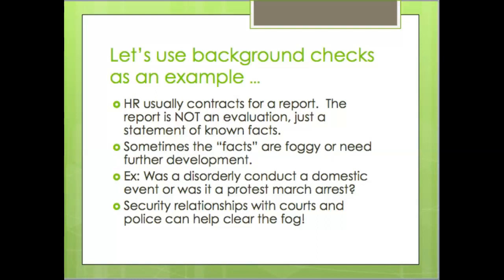I don't condone either one of those behaviors, and I don't recommend either one. But when it comes to hiring someone, would you rather have the person who's got a reputation as a bar fighter, or would you rather have the person who is trying to make a stance on something and maybe just got a little carried away? Maybe, whatever your opinion is on that. What I'm trying to say is that circumstances matter in background checks a lot of the time. Excuses don't matter, but circumstances do.